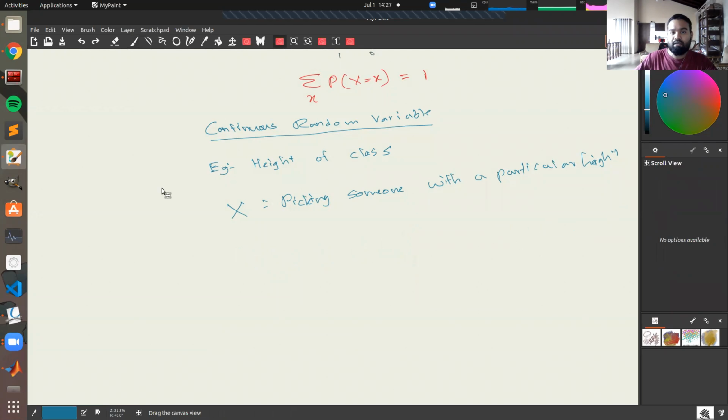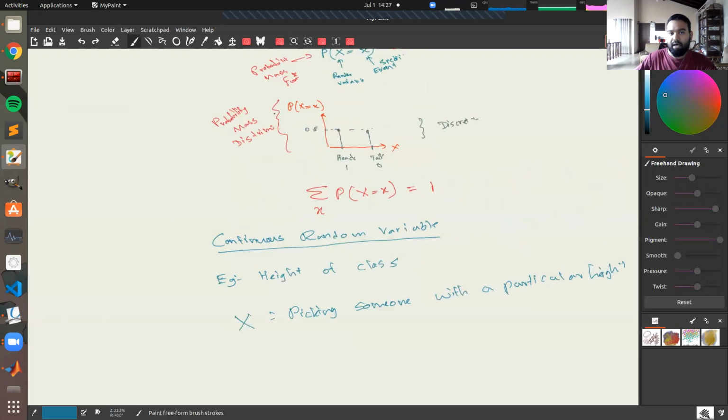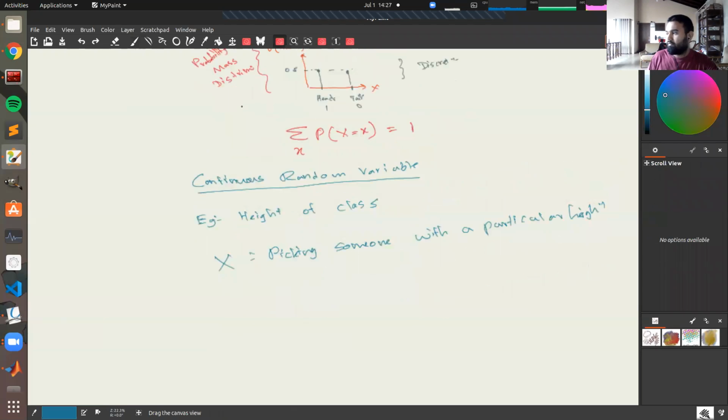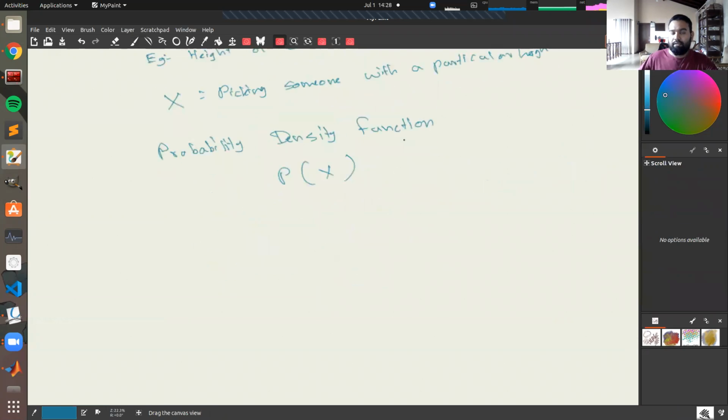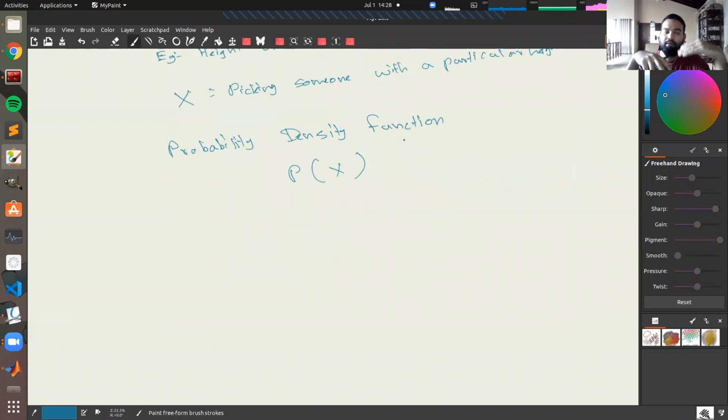So similar to having a probability mass function, what we have when we deal with continuous probability distributions is something called a probability density function, which is given by this, P of x. When we are dealing with discrete, we call it a probability mass function.